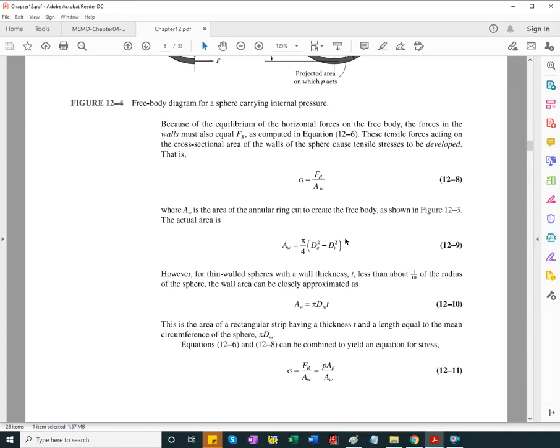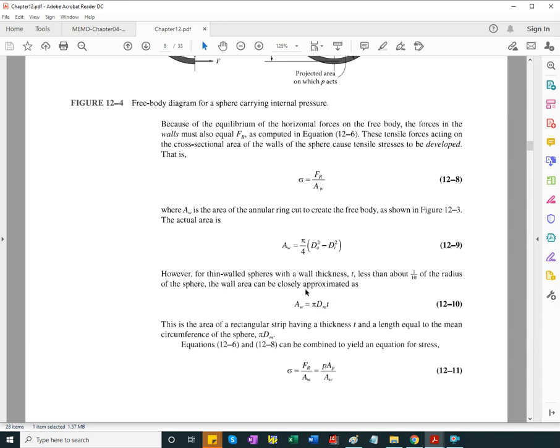The second is you split this into 2. Outer diameter plus inner diameter divided by 2 gives you the mean diameter, and outer diameter minus inner diameter divided by 2 gets you the thickness. So not just for thin wall.